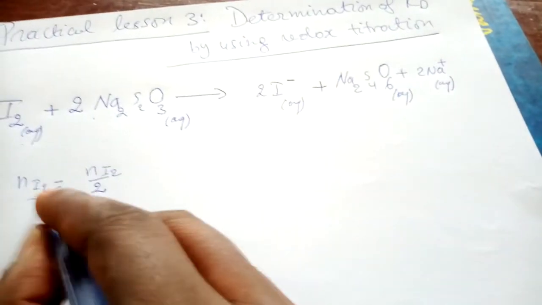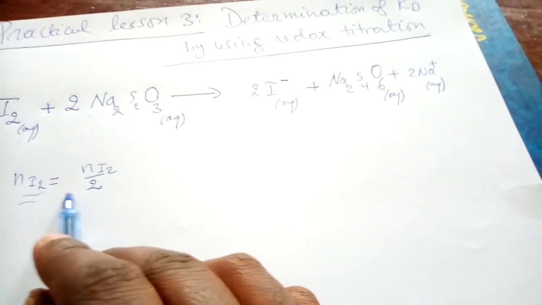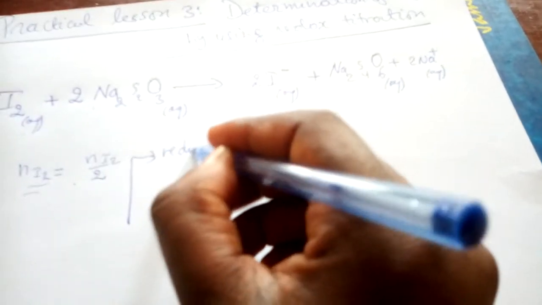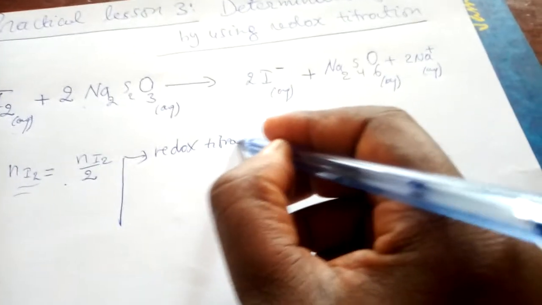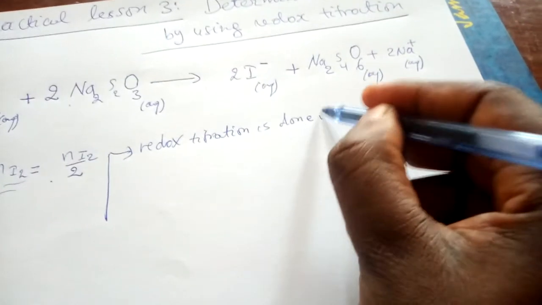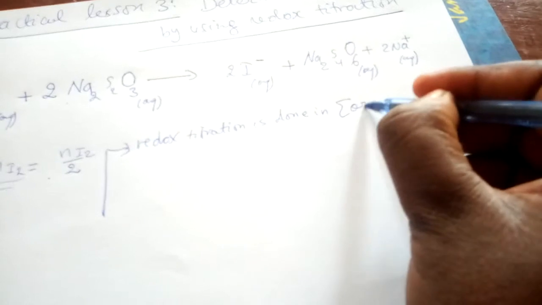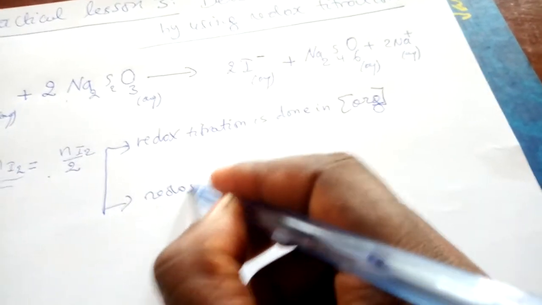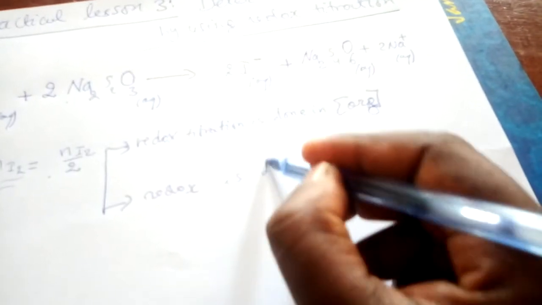It means that when we find the number of moles of iodine, redox titration is done in the organic phase, and also redox titration is done in the aqueous phase.